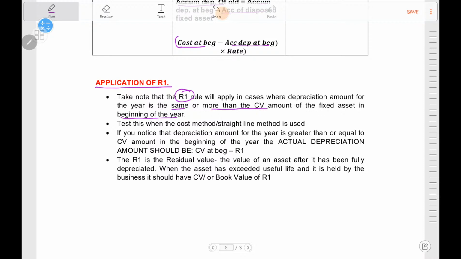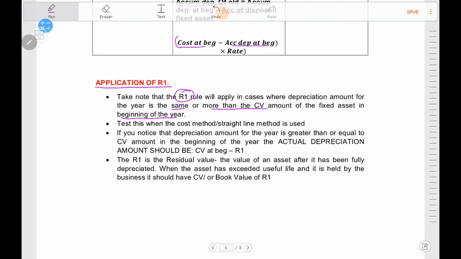After you calculate the depreciation using the cost method, it is very important that you compare the carrying value at the beginning with the depreciation that you've just calculated.